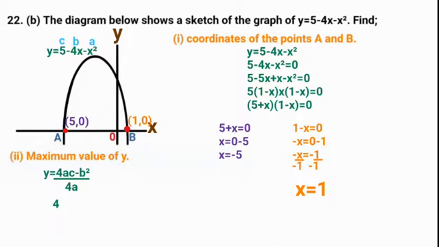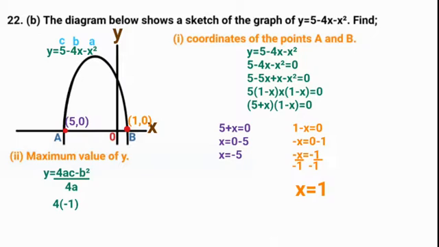Now once we have known that, we ask ourselves, we have y equal to (4ac minus b squared) over 4a. What is the value of A there? A has the coefficient -1. So we're going to say 4 multiplied by -1.